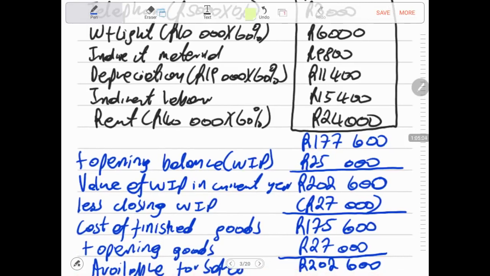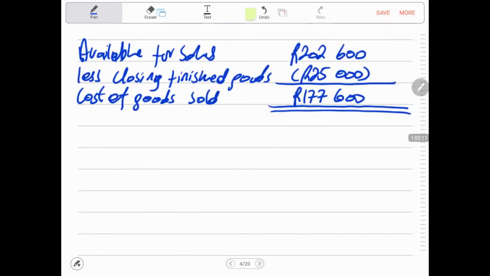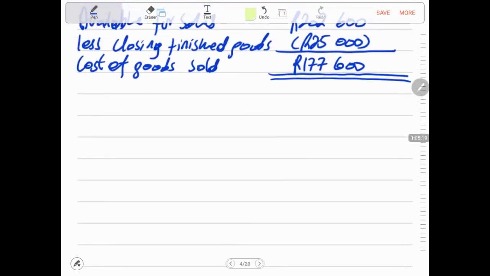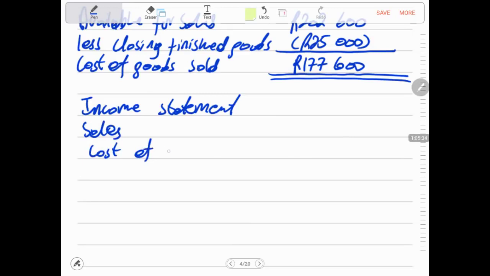Now that we have completed this, we can now do the income statement. Doing the income statement, also nothing new. Our income statement is sales minus cost of sales.